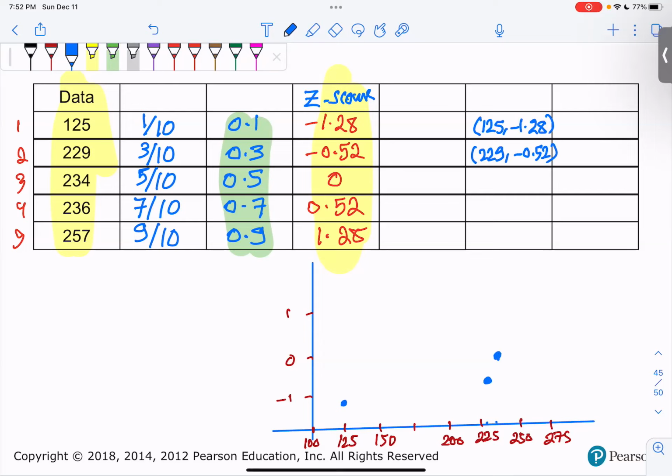And then the next one will be 36, which is almost the same place here. And then 0.52 here. And then the last one will be 257 somewhere here. And then 1.28 might be here.